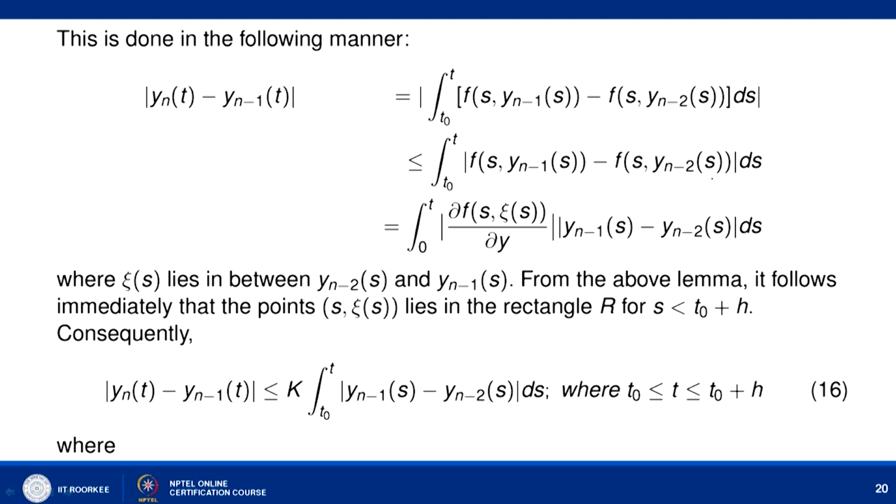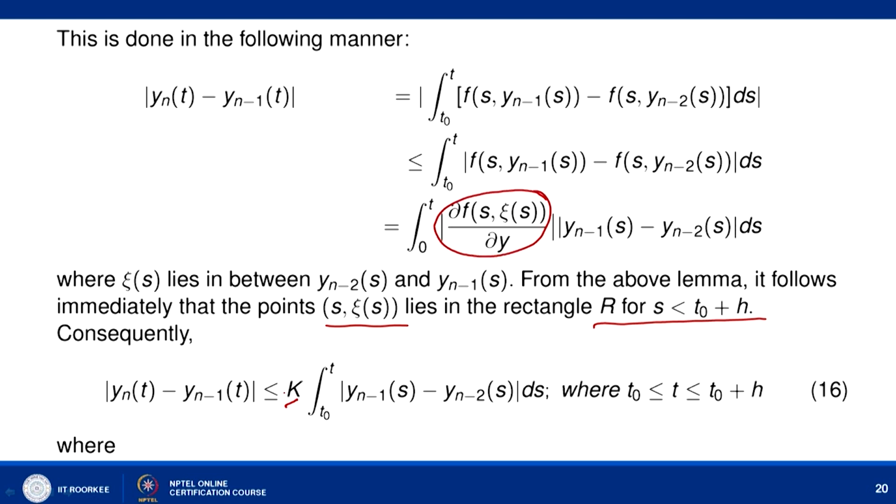At this point either you use the mean value theorem or you use the Lipschitz condition. In particular, if we are using the mean value theorem, we can say that this xi(s) lies between yn-2(s) and yn-1(s), and from the above lemma which we have just proved, it follows immediately that this point lies in the rectangle R. So it means that this is bounded by the constant k.